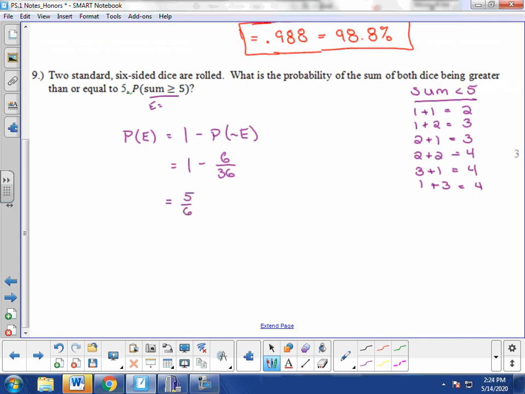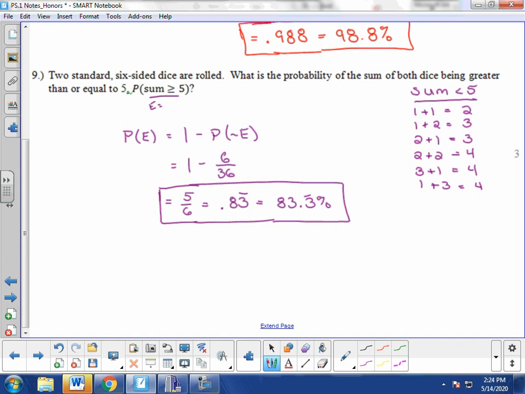And then if I want to put this into my calculator, 5/6 would give me a decimal of 0.83 repeating, which would then be 83.3 repeating percent. So if I roll 2 dice, there's an 83.3 repeating percent chance that the sum of those 2 dice is going to be 5 or more.